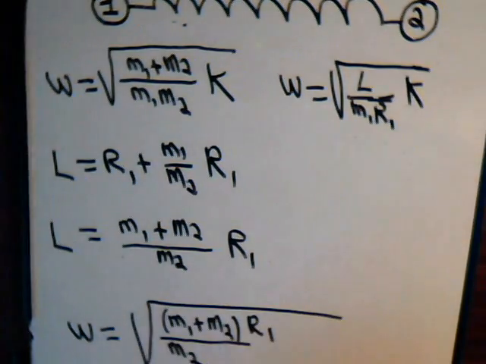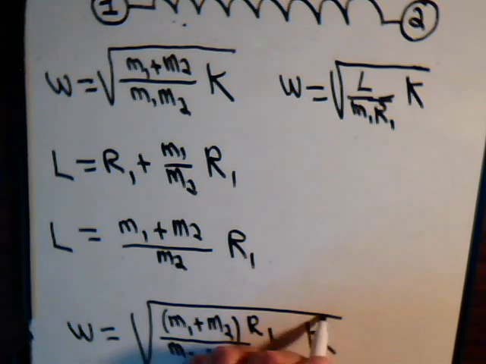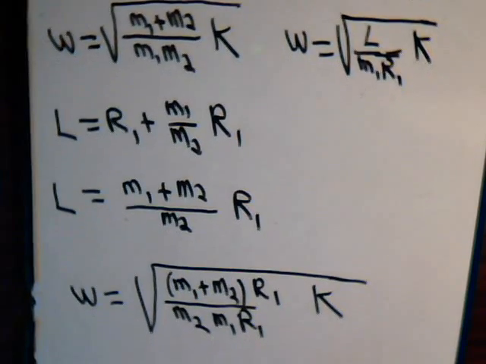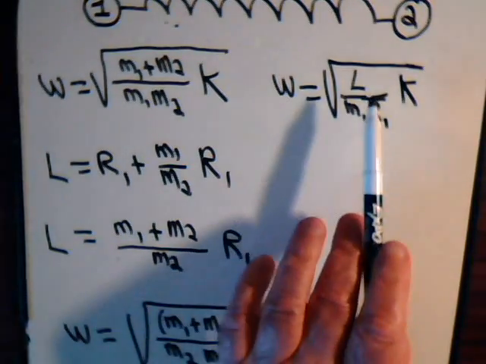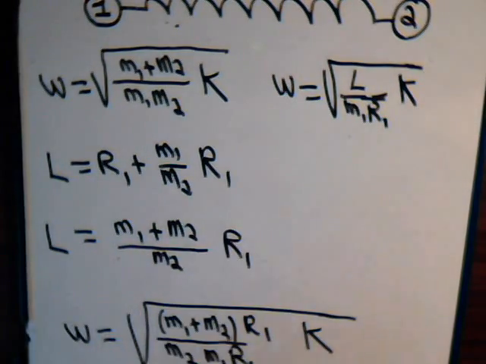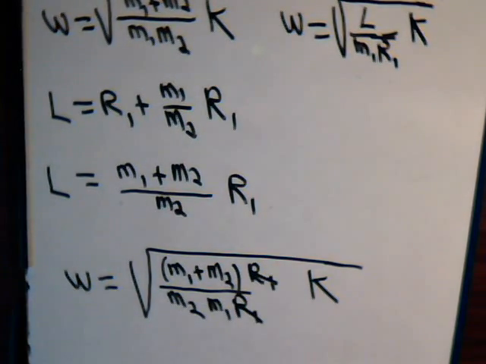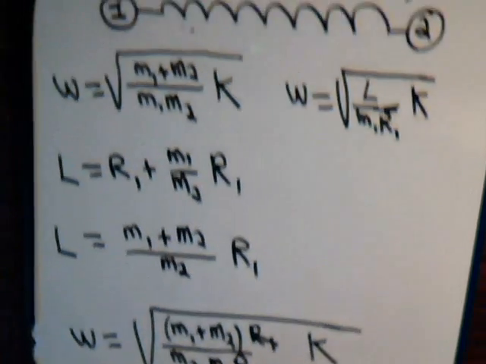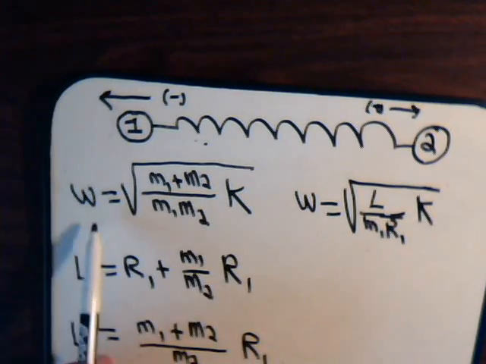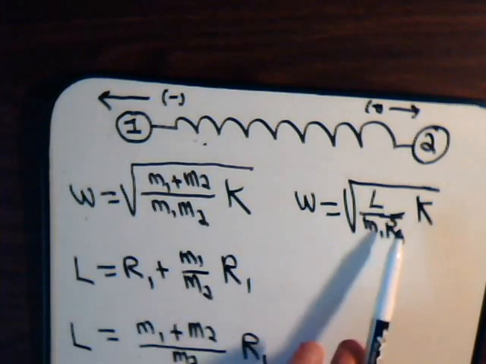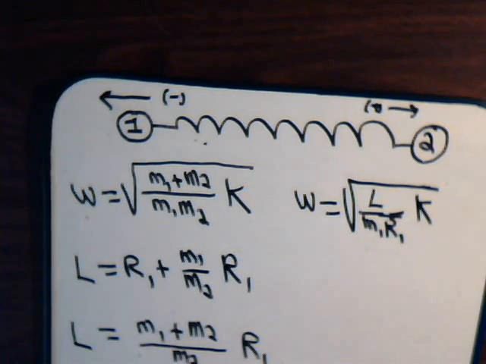Then we have this, m1 r1 times k. Just substituting L, substituting this in, and this cancels. And again, we have m1 plus m2 divided by that product times the spring constant, which is what we derived in this video. So these two equations indeed give us the same expression.